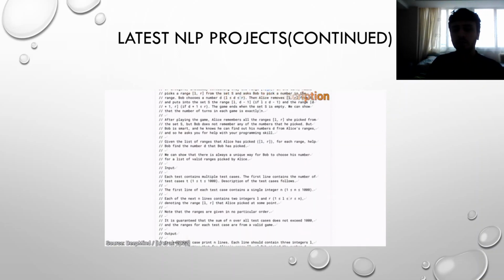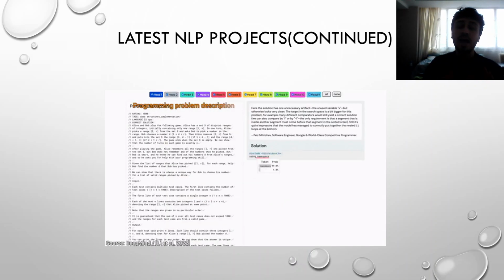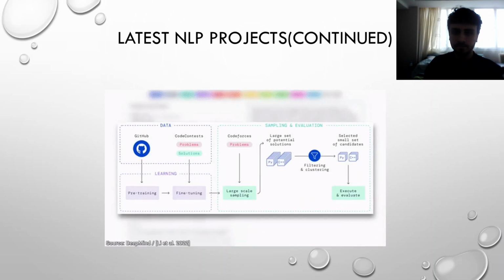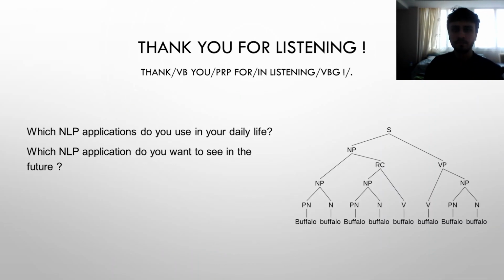And afterwards, it has a wide variety of problems and their solutions in other languages, Python, C++, etc. And now it filters these codes and creates its own solution, as you can see.